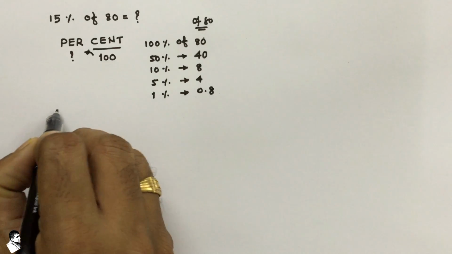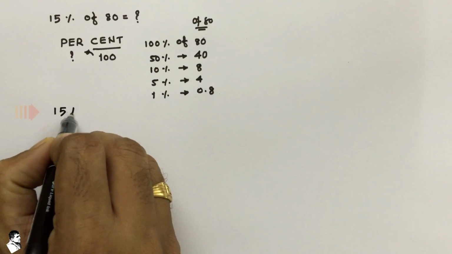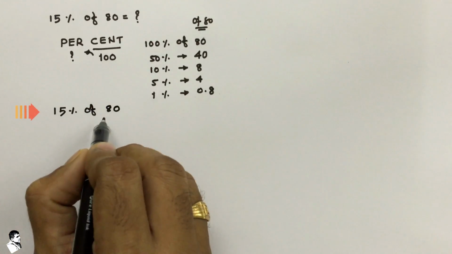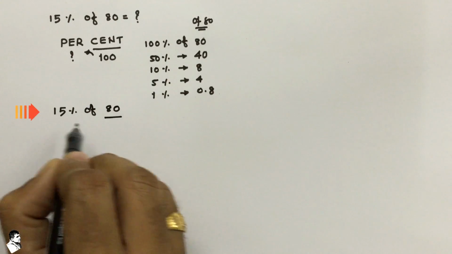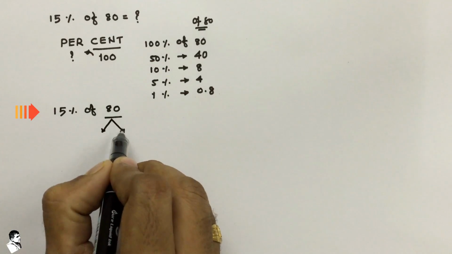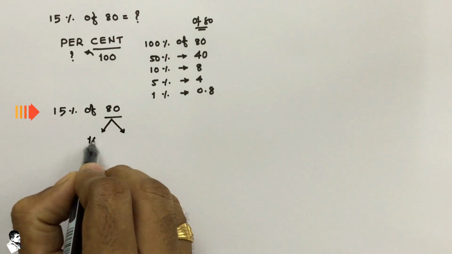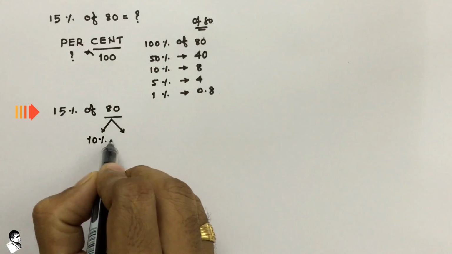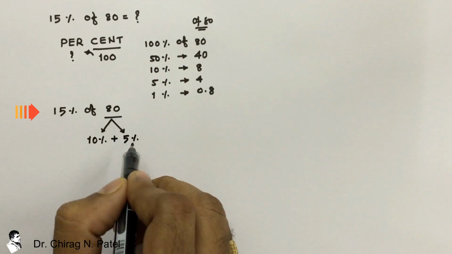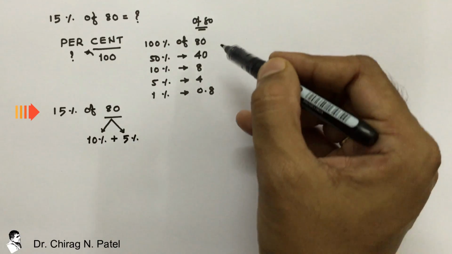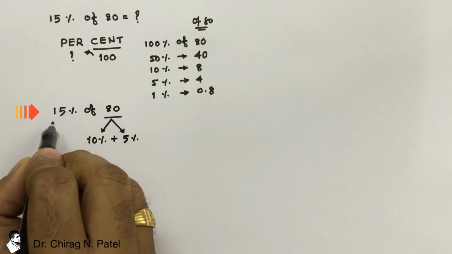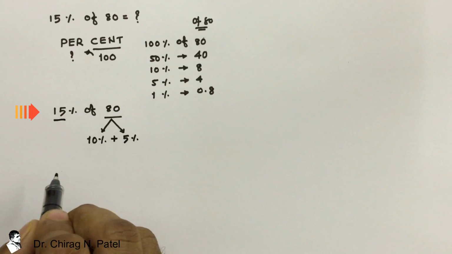Now if we take 15% of 80, we divide this percent into two parts. We just find out 10%, that is very easy to count, plus 5%, that is also very easy to count from this table, and the summation of that is equal to 15%.